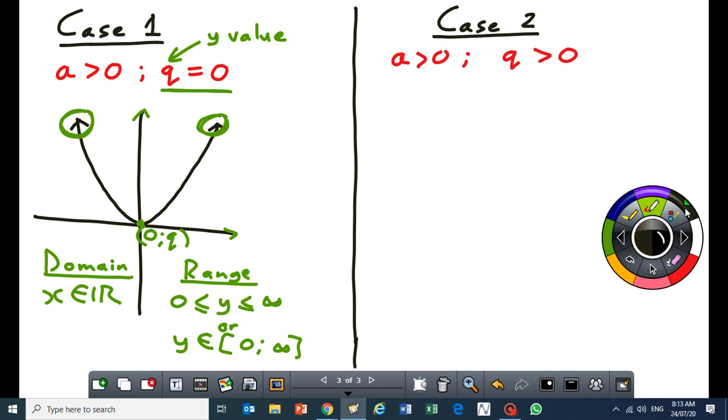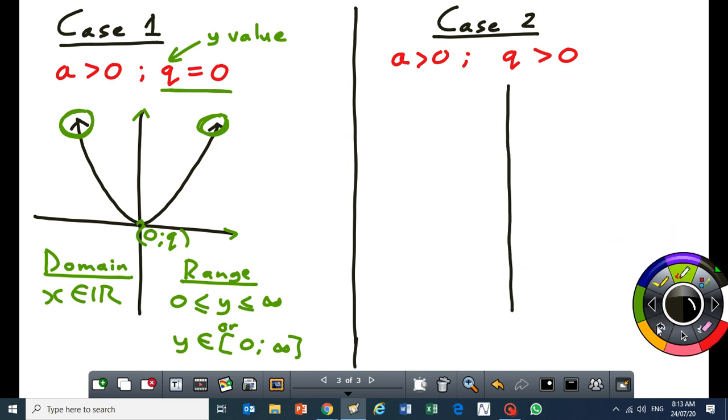What this means is this graph, this point here, is going to move upwards by Q units. Whatever value Q is, the graph, this one here in case 1, will move by Q units up. So when that happens, you are going to end up having something like this.